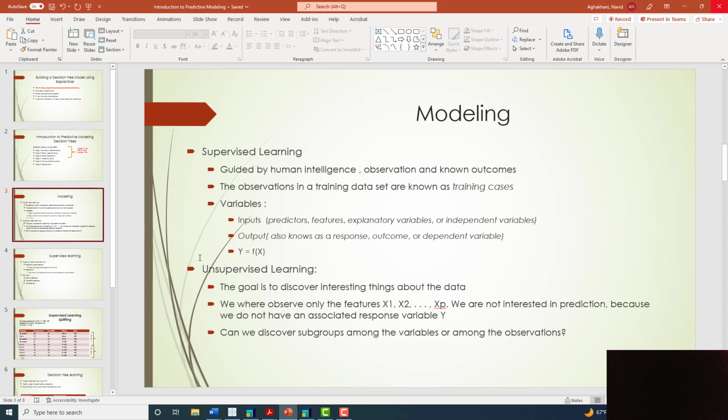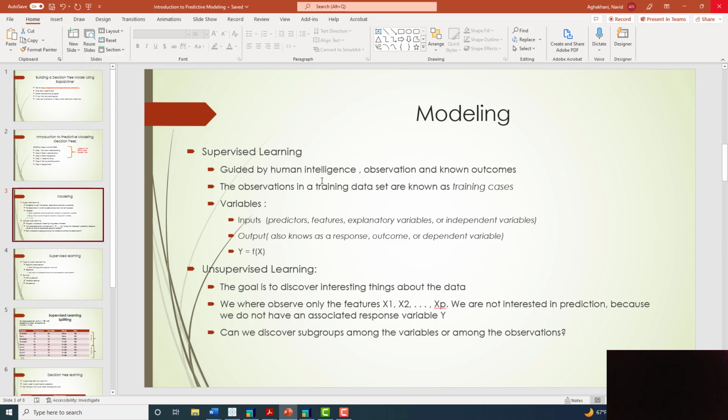In terms of the modeling, if you have watched the DataCamp video series, we know that we have basically 2 types of modeling. The first one is supervised learning, and the second one is unsupervised learning.